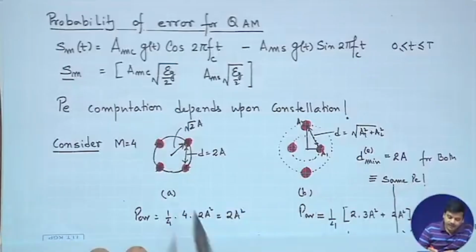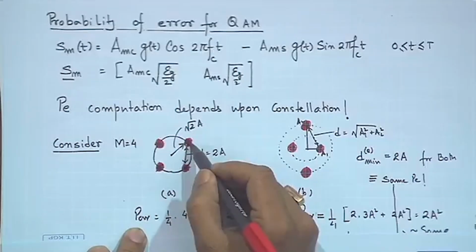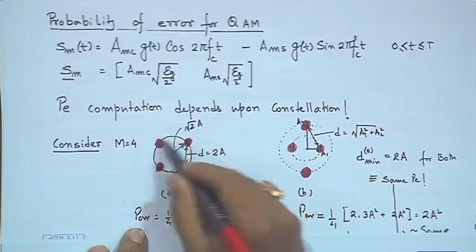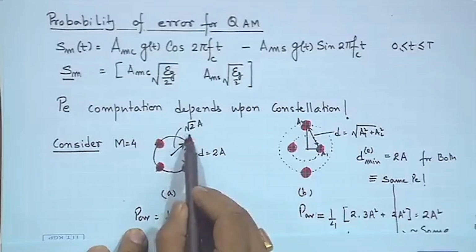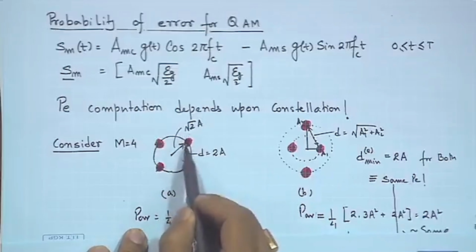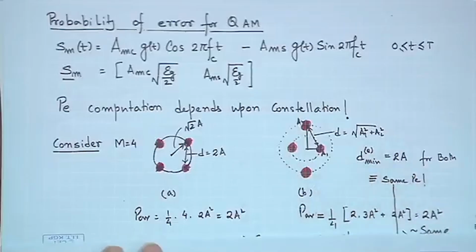And if you calculate the average power, that means here it is 2a squared, and you have 4 of 2a squared divided by 4, because of course we are taking equiprobable symbols, you are left with 2a squared as the average power, because this is 2 root 2 a. If you look at this constellation, there is a particular description that is given.